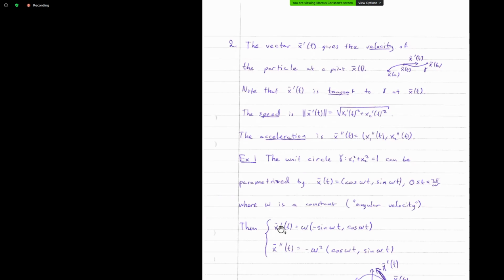If we compute here the speed at any point, we're just going to get omega, right? Why? Because of the trigonometric identity. I do the square root of minus omega sine omega t, squared, plus omega cosine omega t, squared, end square root.